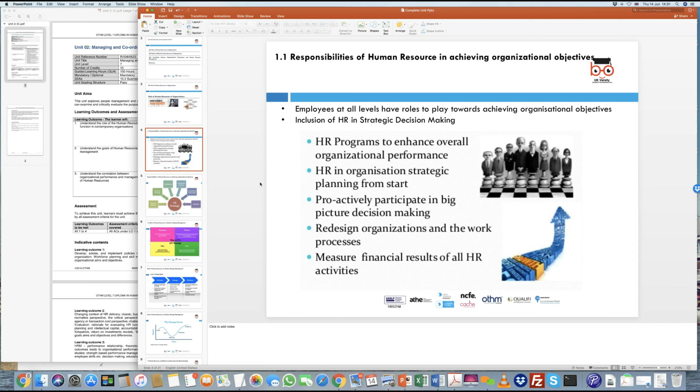So if I look at just going through one or two points on the slide, it talks about the HR being responsible for developing programs which enhance overall organizational performance. Now, what does that mean?